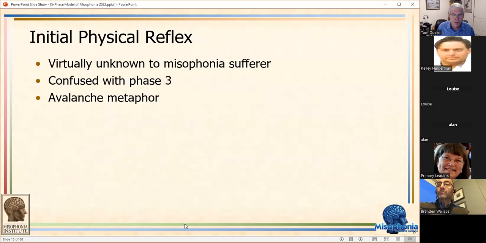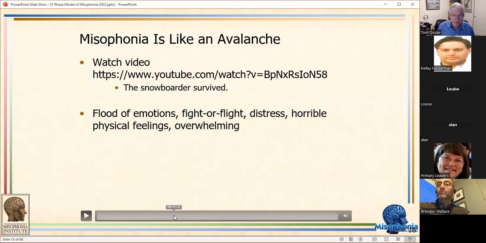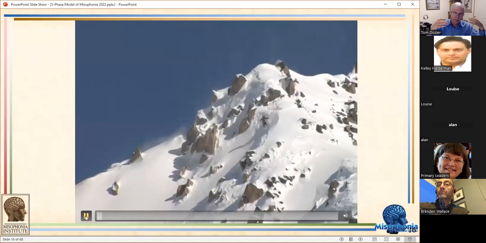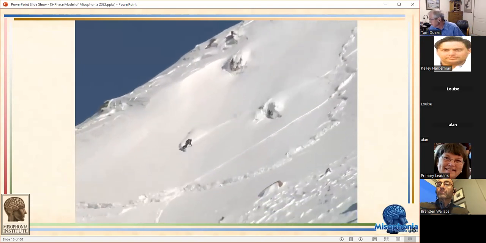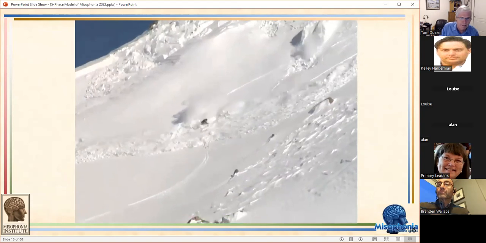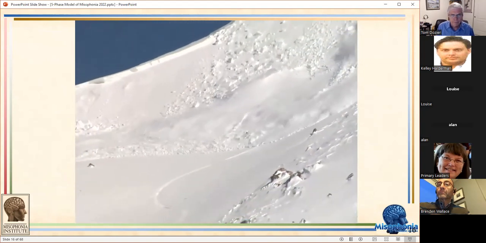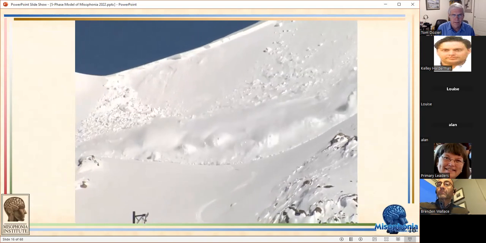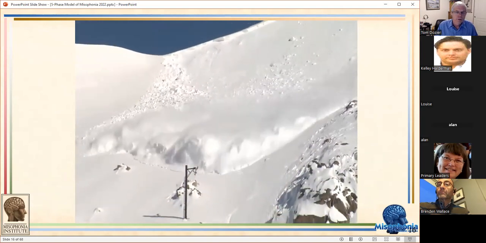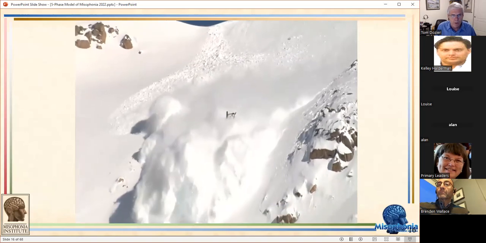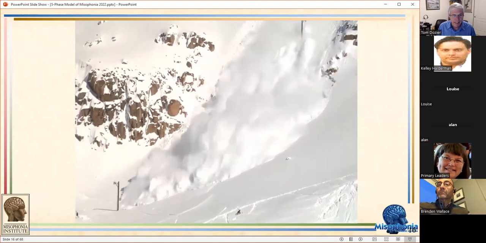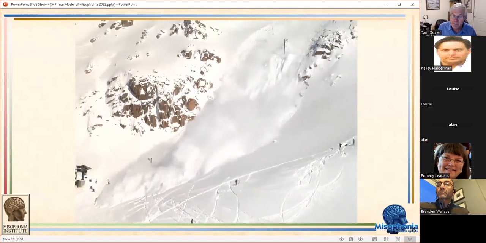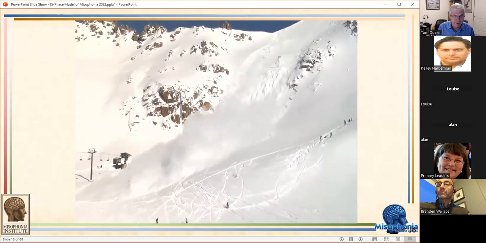I'm going to use a metaphor of an avalanche. If you think about an avalanche, you think about all the crashing down of the snow and everything. So it comes crashing down the hill, and you notice the turmoil, you notice all the power, and I think it's interesting that as it comes down, it actually washes over other people who are there, which is something that misophonia does.